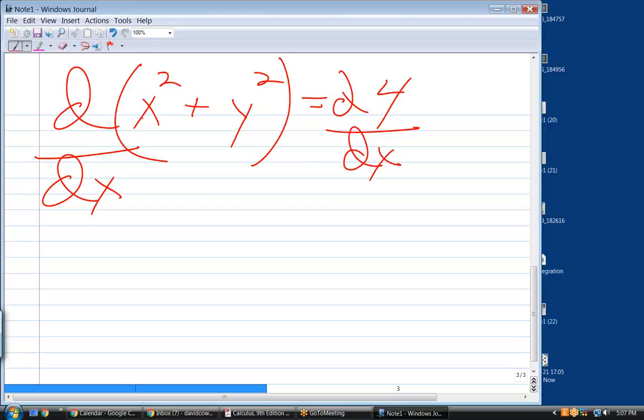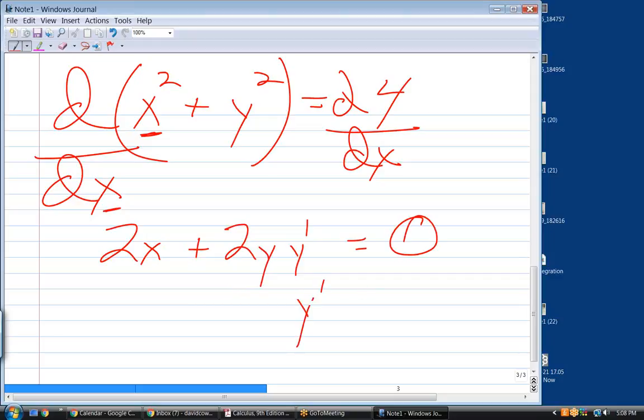When I get to the x squared term, that's just 2x. I can explicitly differentiate it only because x is the same variable as that x. I don't have to follow it with anything. But when I get to the y term, because of the chain rule, I have to follow it with a y prime, dy dx. And if the right side is 0, and you solve this, you get y prime equal minus x over y.